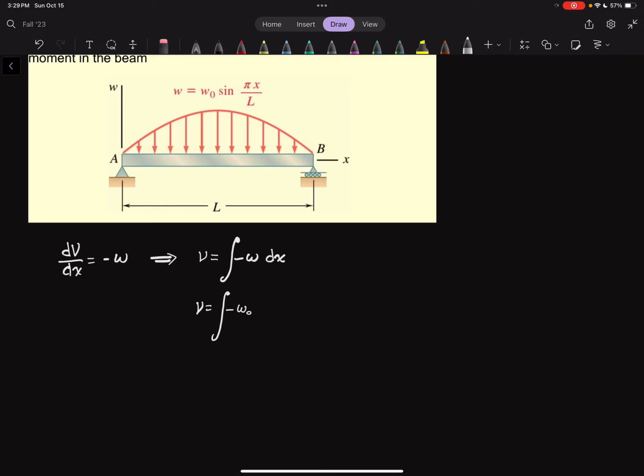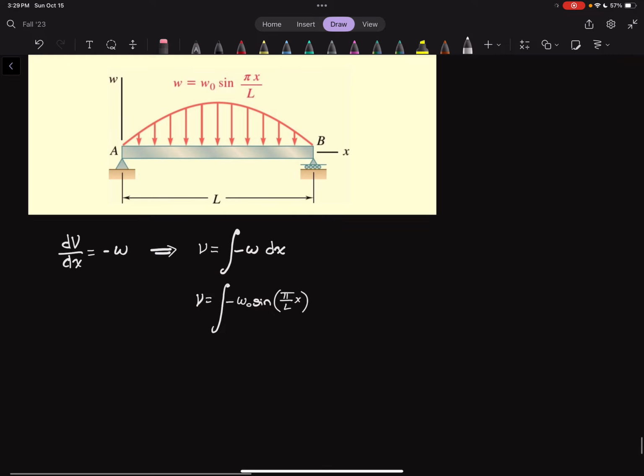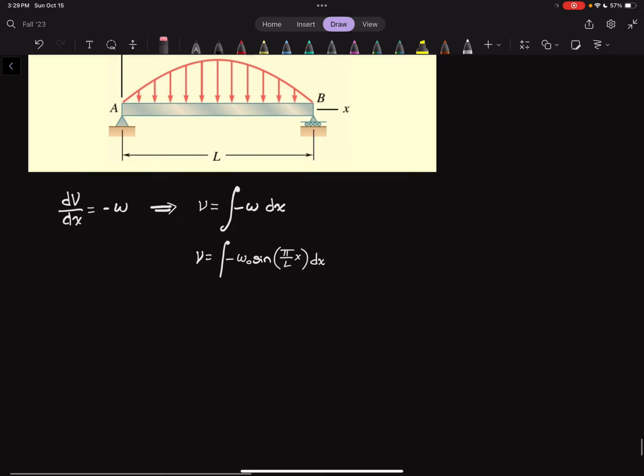It's going to be w naught sine of pi over L times x, all dx. So what does that mean? Well, that means that we can integrate, and the minus goes away because the integral of sine is negative cosine. We get the cosine of pi L x.